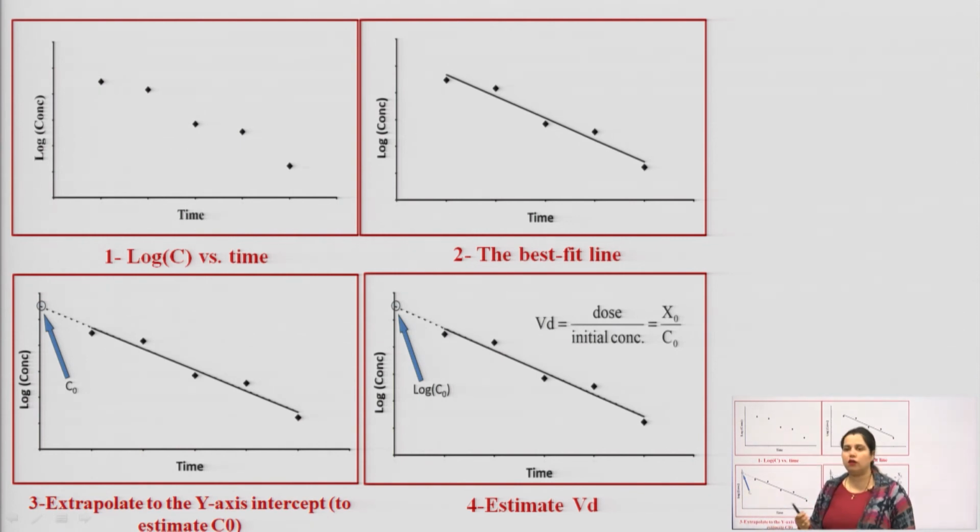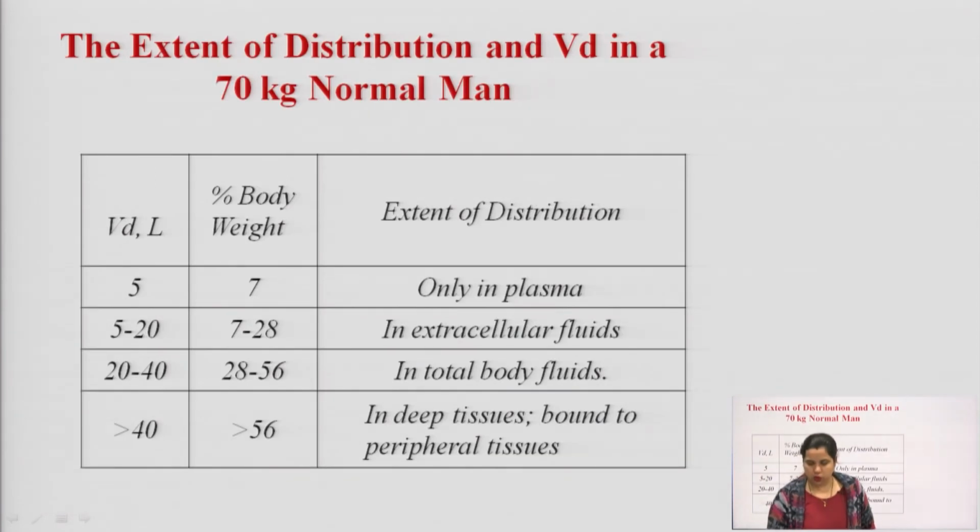If you are giving 100 mg, so initially it will be like 100 mg. So, you can easily extrapolate that concentration, and using this estimated Vd log graph, you use this dose divided by initial concentration. So, initial concentration is this point, and you can easily calculate the volume of distribution.